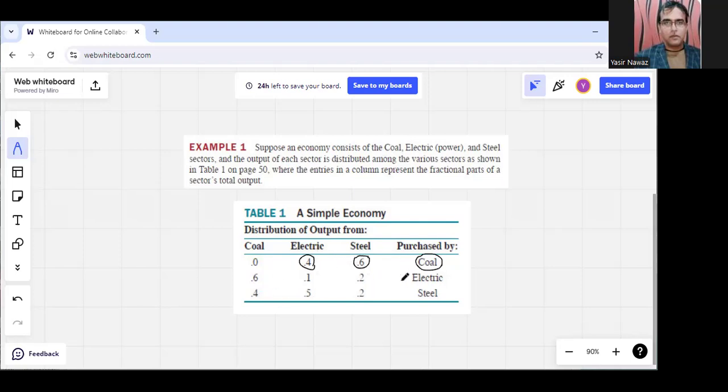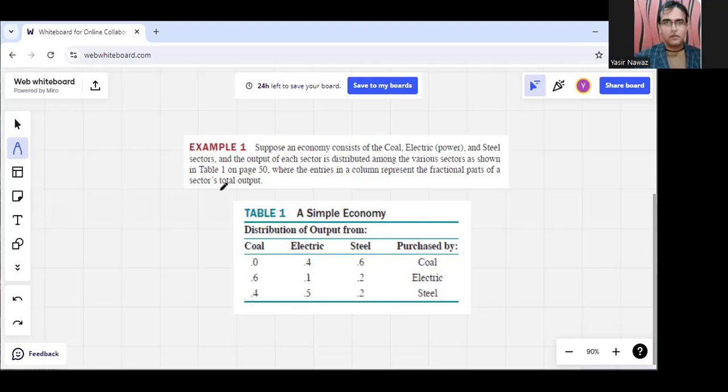And then the electric sector is taking 0.6 of the coal output, 0.1 of the electric output, and 0.2 of the steel output. And similarly, the steel is taking 0.4 of the coal output, 0.5 of the electric output, and 0.2 of the steel output.